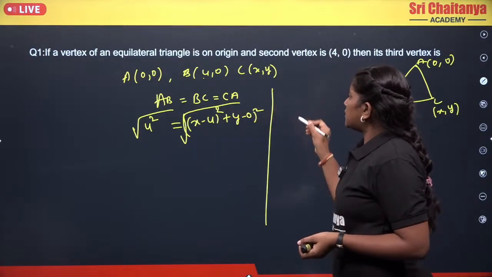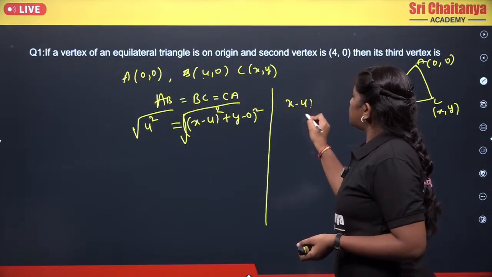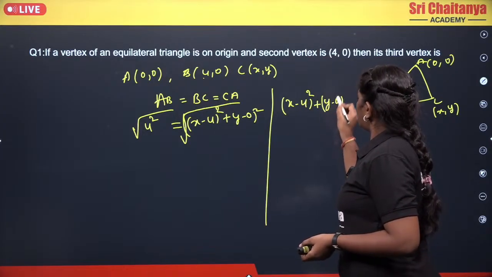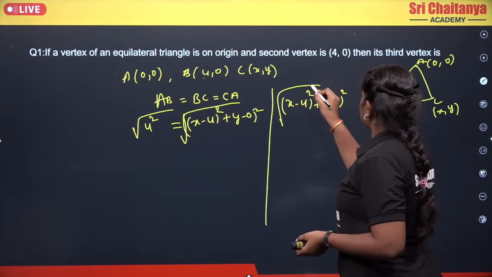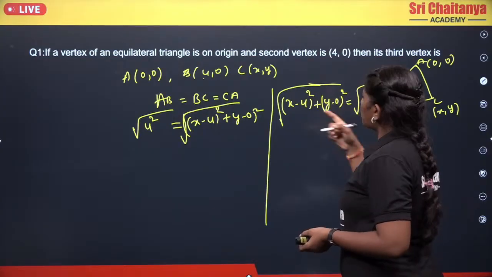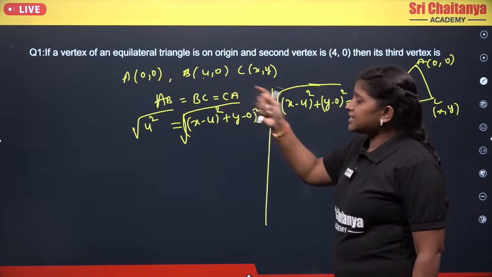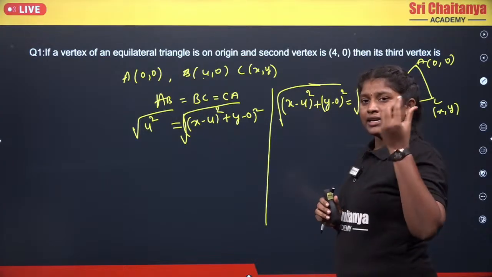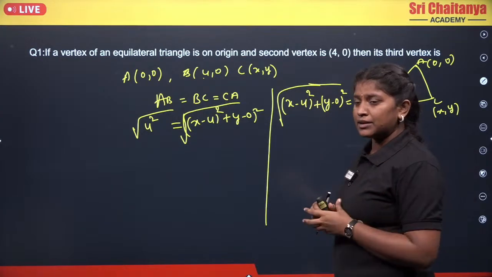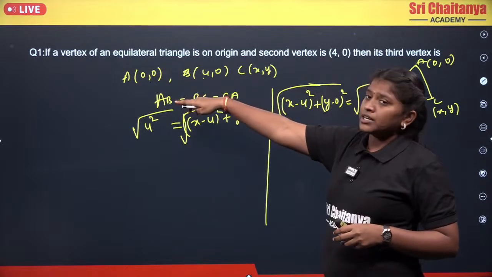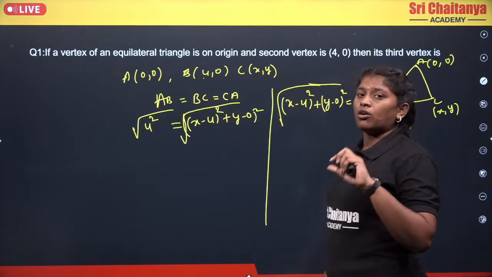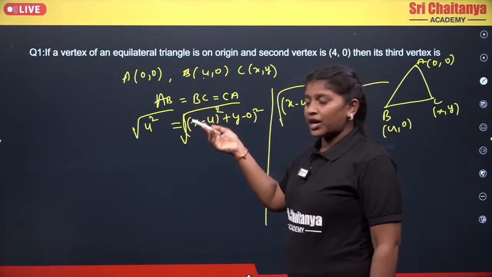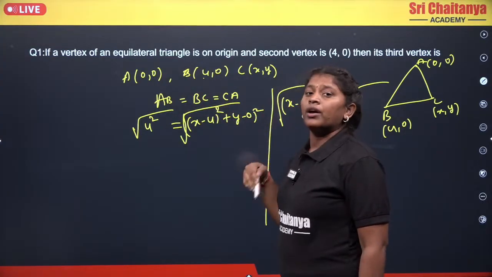Clear? So BC equals CA, from there you will get root of (x minus 4) whole square plus (y minus 0) whole square equals root of CA. If you observe here, AC and CA give the same value. Why? Because one of our points is the origin. If you take CA, (x minus 0) gives x square, and in the same way (0 minus x) also gives x square.